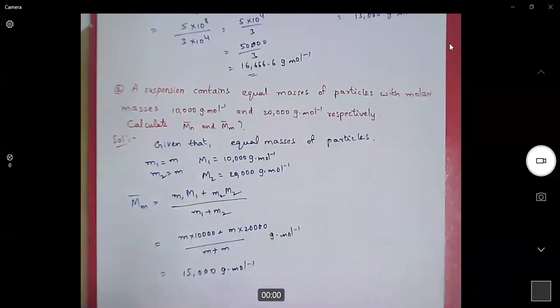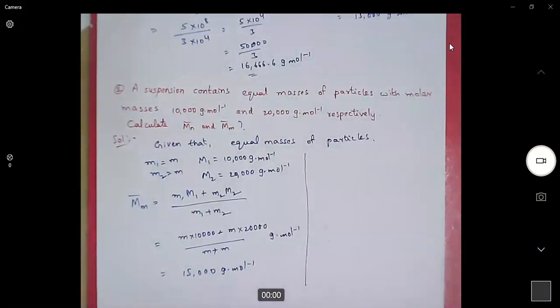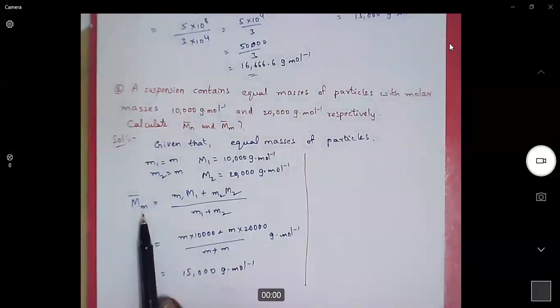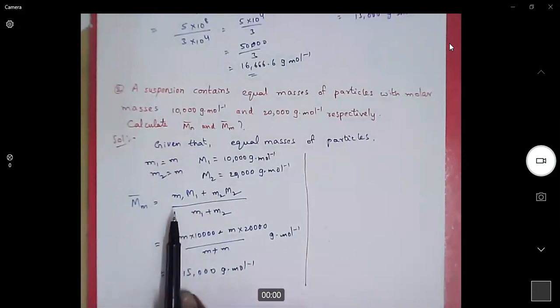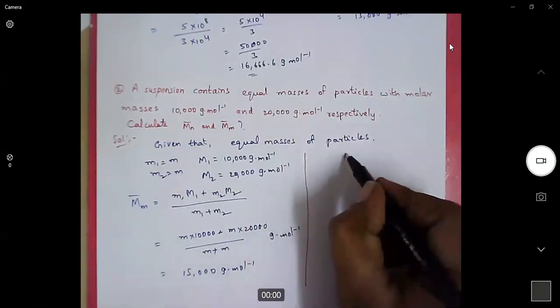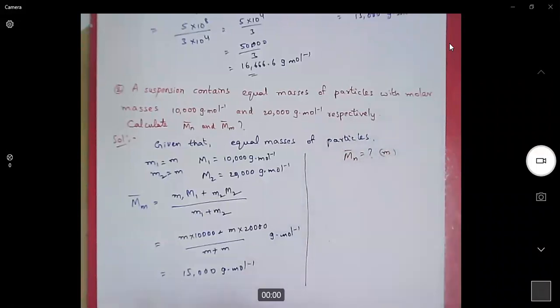Now, the difference is that when we know the numbers, we can calculate both the number average molar mass and the mass average molar mass, because we know the formula in numbers. But when mass is given, we know the formula for only the mass average. We don't know the formula for number average in terms of masses.